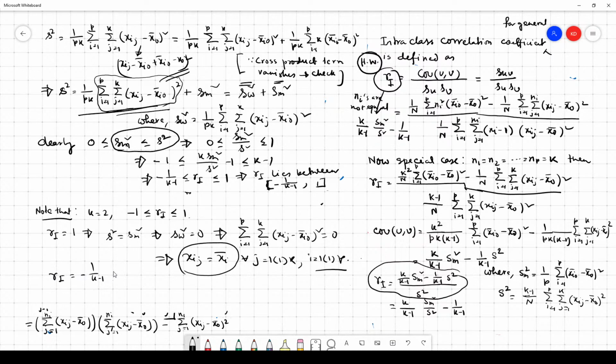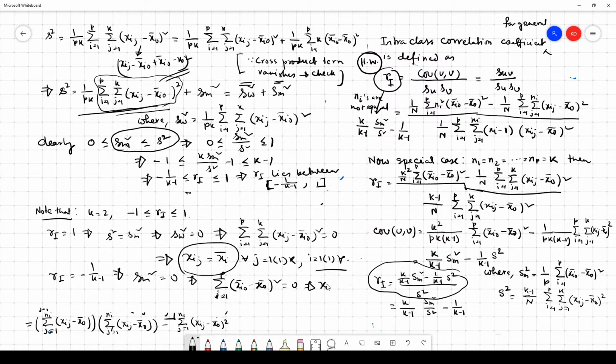And Ri equal to minus 1/(k-1), this means sm square would be 0. That means sum over i from 1 to p of (xi bar minus x naught bar) whole square equal to 0.